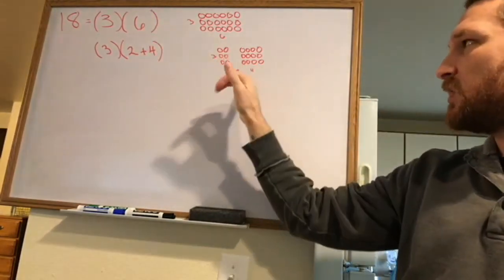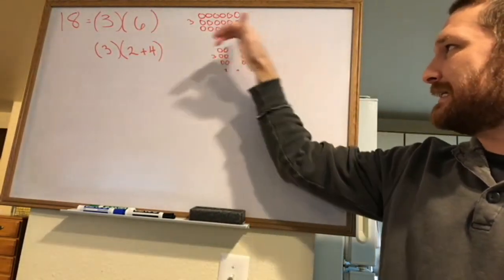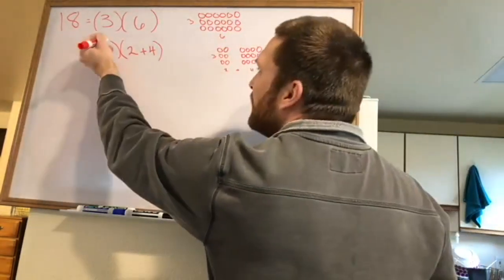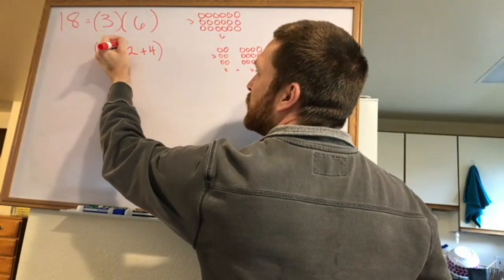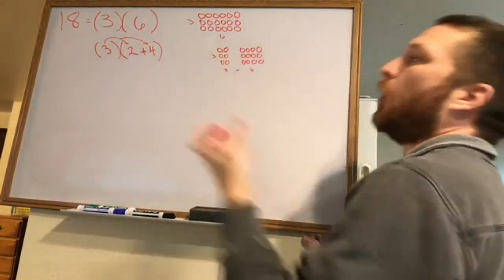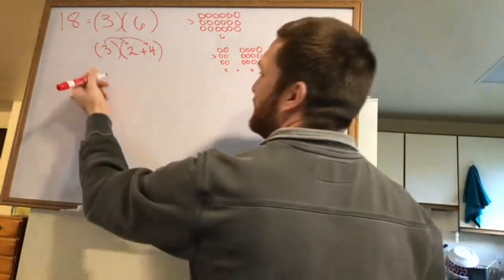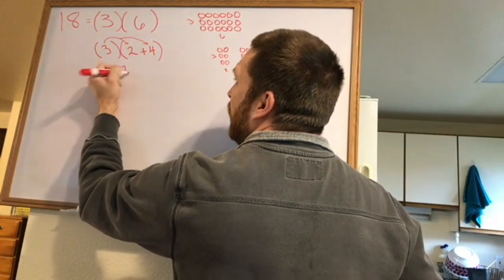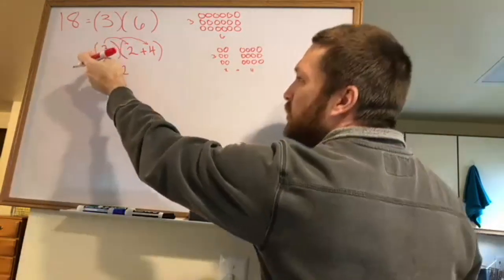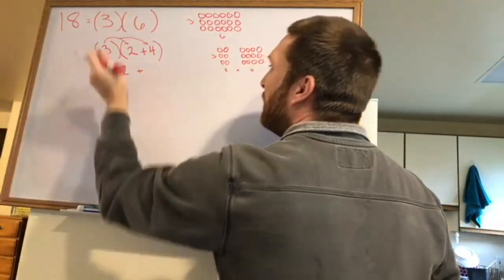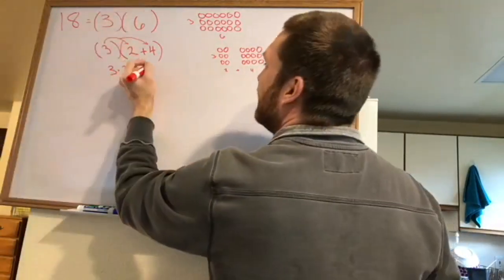And in pictures, what we've just discovered is what's called the distributive property of multiplication over addition. Why they call it that, I don't know, because maybe it takes precedence over it. But what I like to think about is that the 3 jumps over the plus sign. So the multiplication goes over anyway.